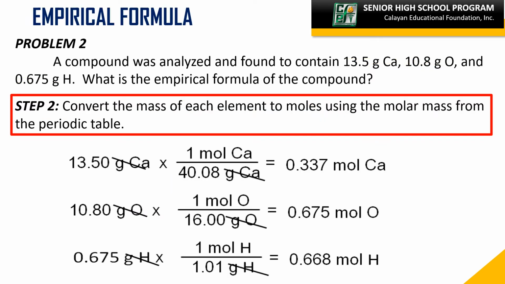Now for step 2, we have to convert the mass of each element to moles using the molar mass from the periodic table. So first we write the given grams, which is 13.50 grams of calcium. Now in every 1 mole of calcium there are 40.08 grams.